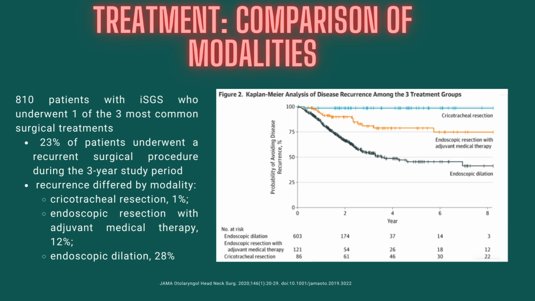However, it does achieve very good remission, avoiding disease recurrence, with a recurrence rate of only 1% in 3 years. And the patients breathed a lot better in 1 year compared to the two other modalities, although it has a lower voice handicap index compared to the two other treatment modalities.